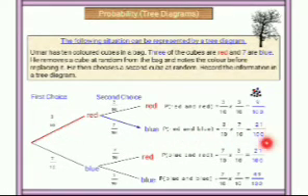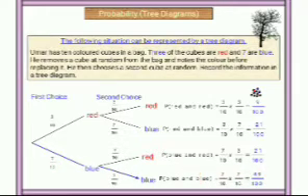So you get 21 over 100. Now for the blue, we have blue red. Can you see it? Blue and red. So just pick 7 over 10 multiplied by 3 over 10. You get 21 over 100. While the last one is blue and then blue. So pick 7 over 10 multiplied by 7 over 10.